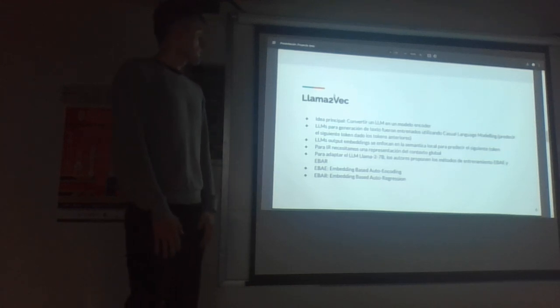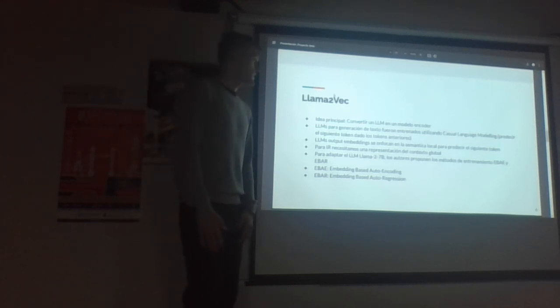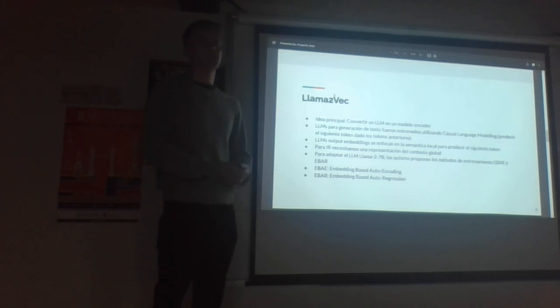So what they did in this article is they wanted to convert a large language model into basically an encoder model, to be able to use the large language model to generate embeddings that represent well the global context of the input text.